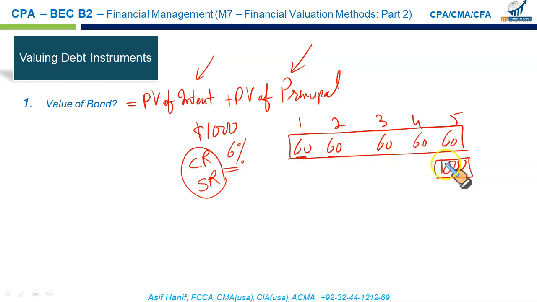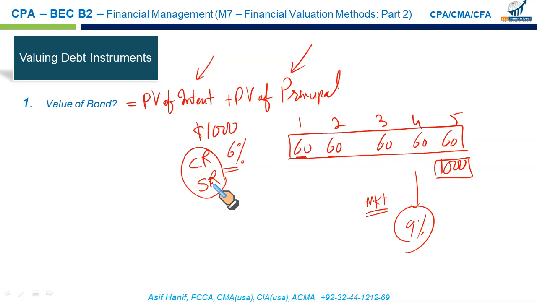But when we discount the bonds, we need a rate for discounting also. Remember, the rate we use for discounting is the rate prevalent in the market at the date of issuance. Let's say when I issued this bond, similar bonds were offering a rate of maybe 9%. So I should use this 9% for discounting.